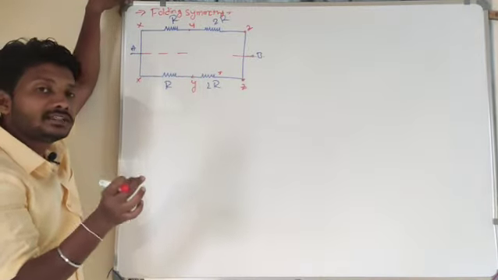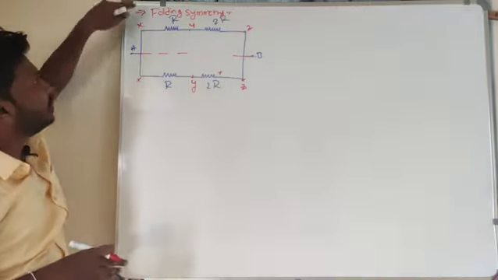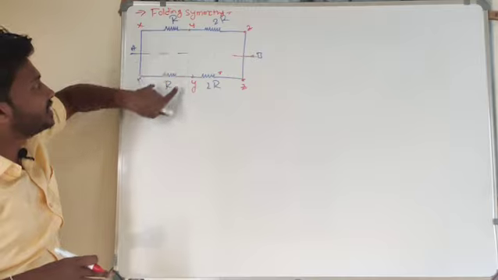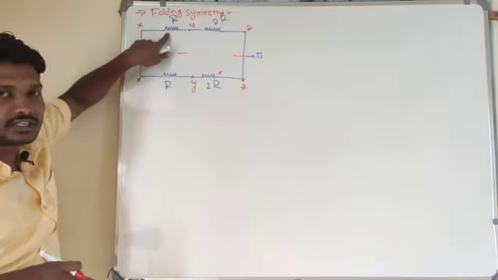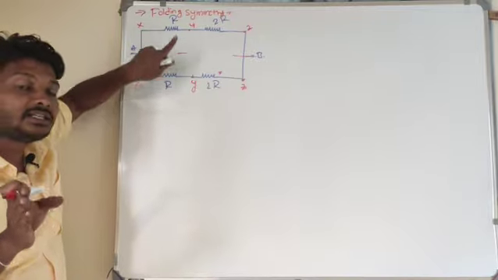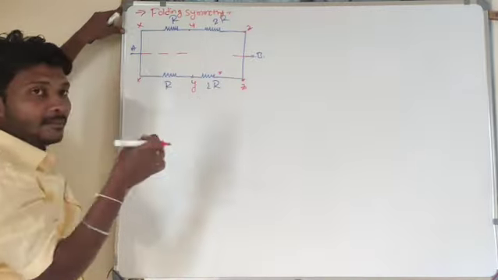In the case of folding symmetry, I can take upside down. In that case, look here, the potential is the same. Between X and Y, and here also between X and Y, resistance R is there. The potential is the same, so they are in parallel combination. R and R are in parallel.